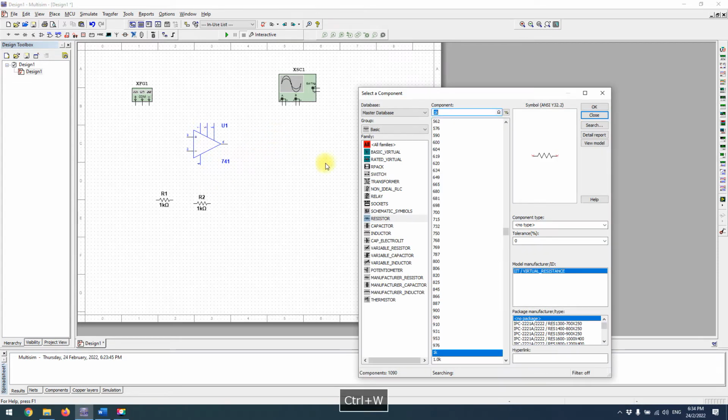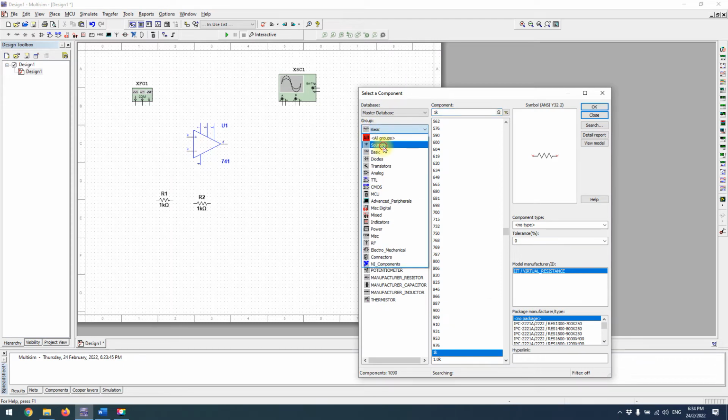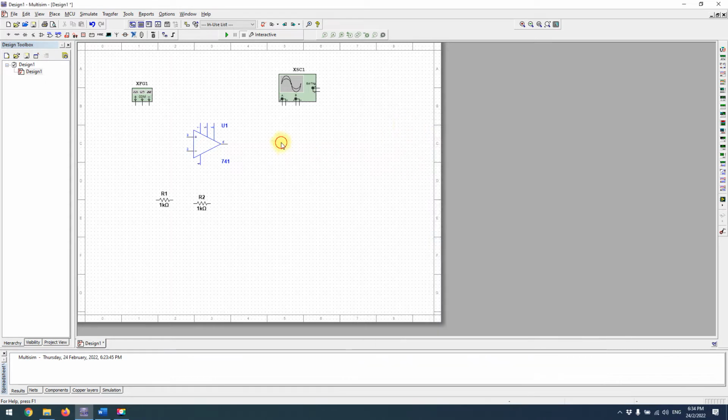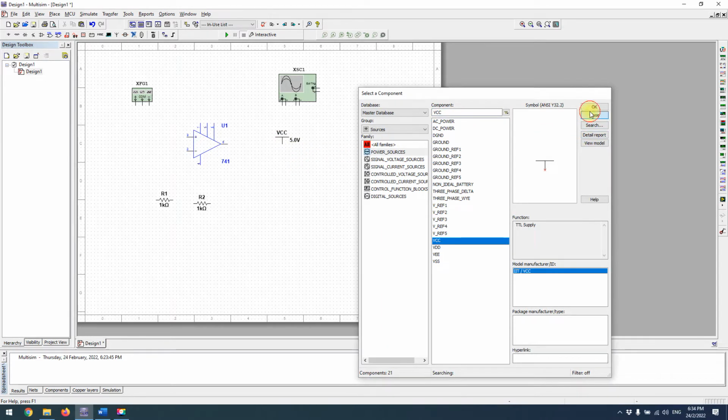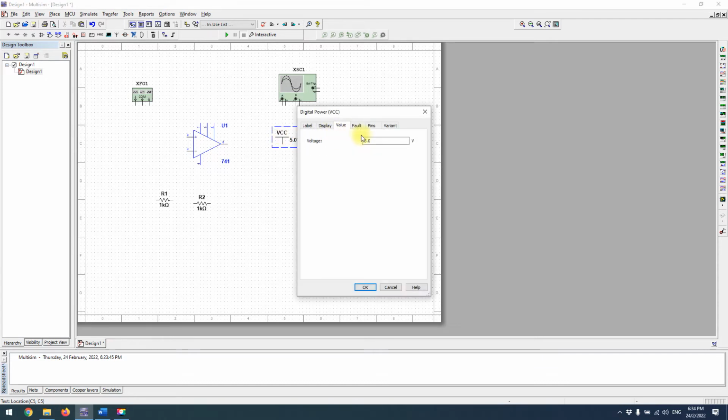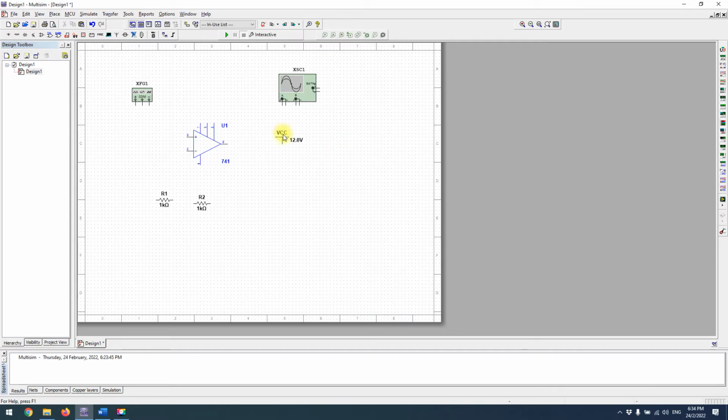So Control W, and we go into sources, right? Power sources. Okay, for this, I'm going to let you know that we can't really use the same VCCs. Let me show you. For now, let me just change this to 12 volts. So we need two different VCCs, one positive, one negative.